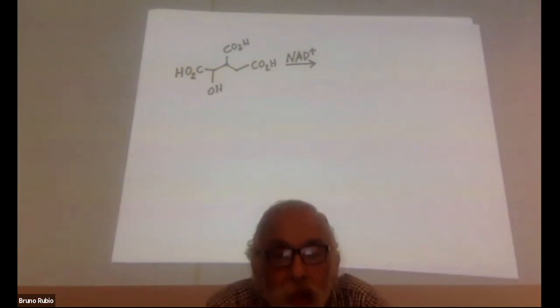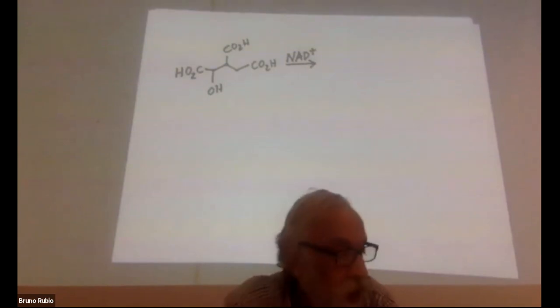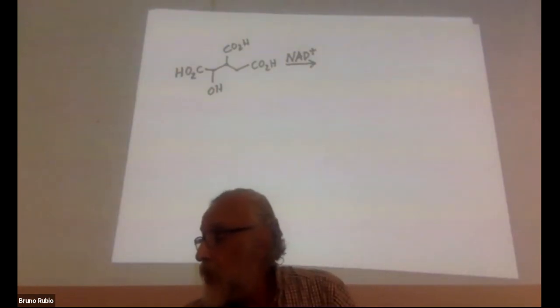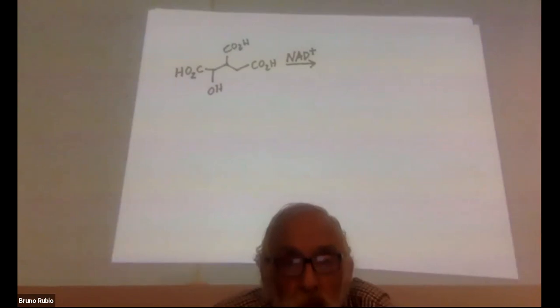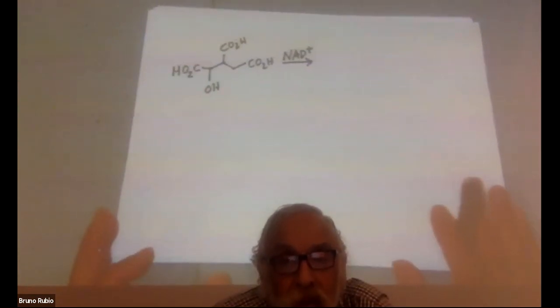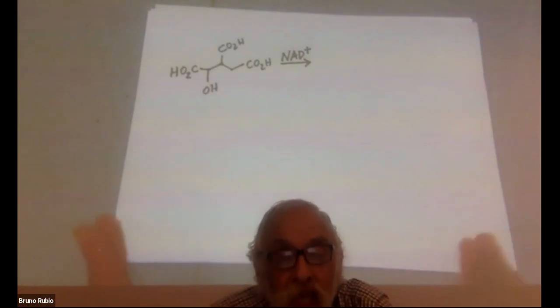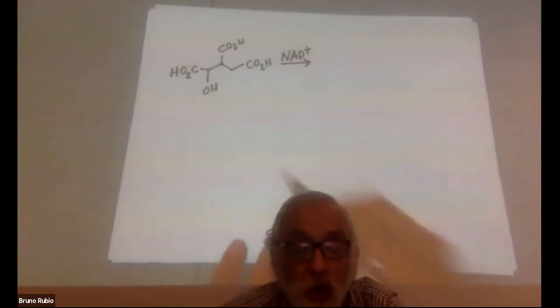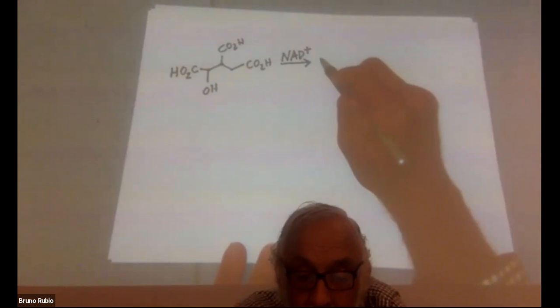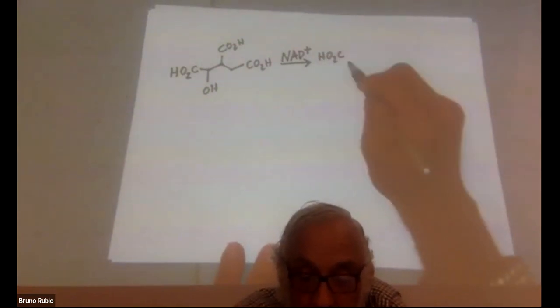Well, NAD plus is just Mother Nature's Jones reagent. NAD plus is Mother Nature's PCC. So I see an alcohol there, and that is going to be oxidized to a ketone because that's a secondary alcohol.